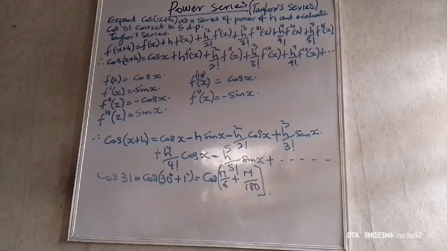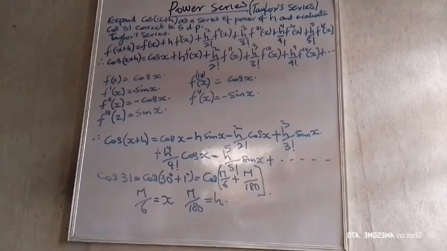Pi over 6 is 30 degrees, and 1 degree is pi over 180 radians. So from there, we slot in pi over 6 for x and pi over 180 for h.